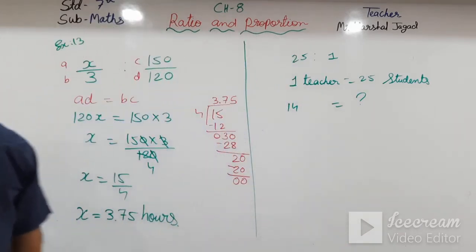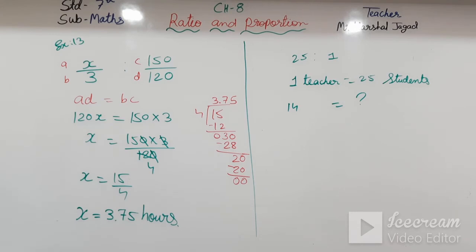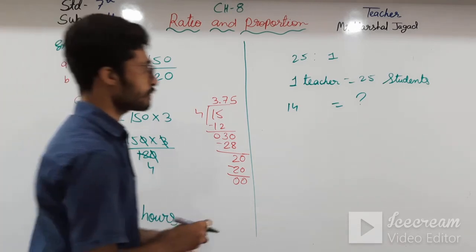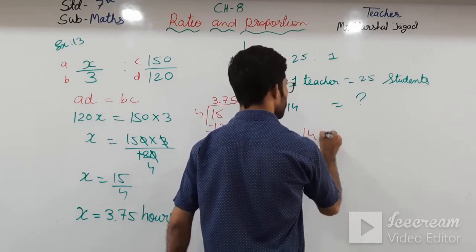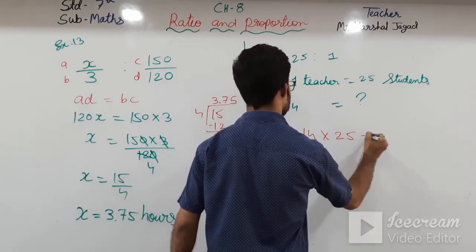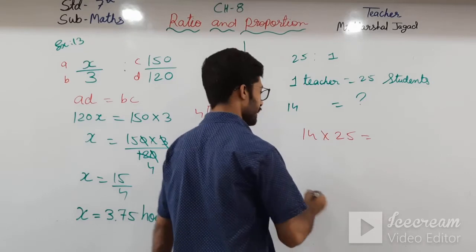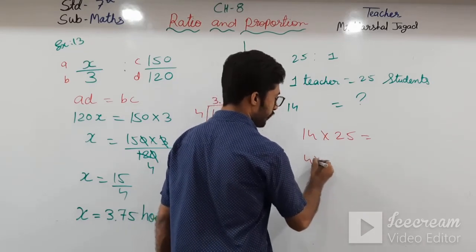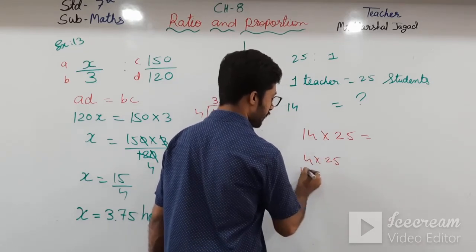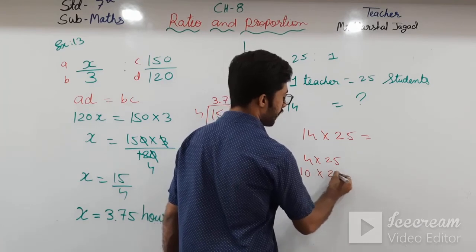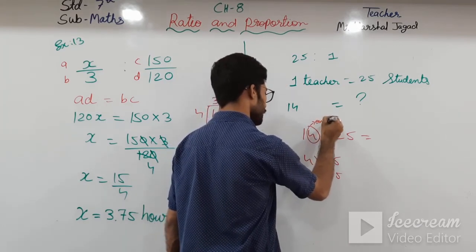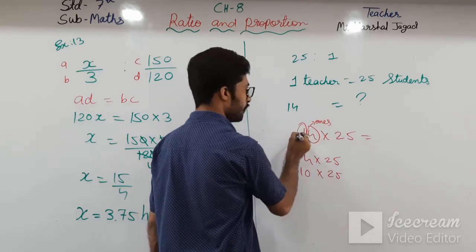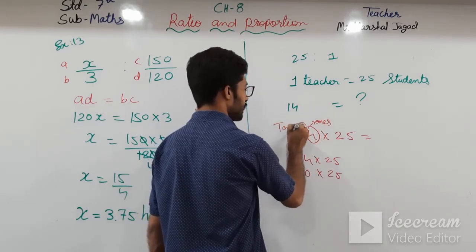So what we have to do? We have to multiply 14 into 25. So in the 5th standard you have studied that first multiplying 4 into 25 and then after 10 into 25, because here the value of 4 is ones and the value of 1 is tens.